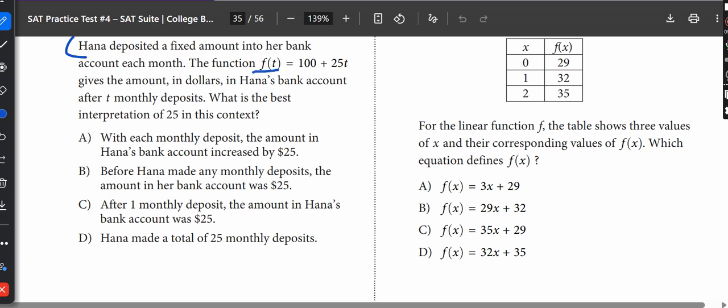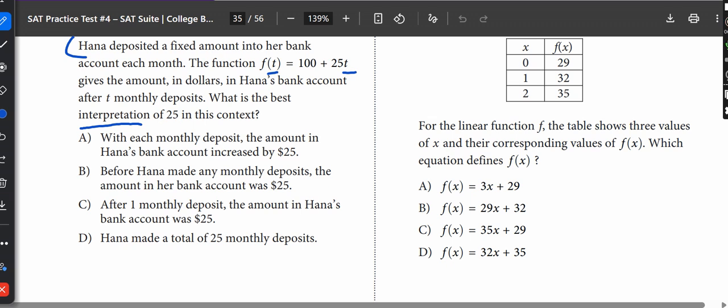The function f(t) is equal to 100 plus 25t gives the amount in dollars in Hannah's bank account after t monthly deposits. Like maybe she is giving $2 each month, or maybe $25 or $30 each month. What is the best interpretation of 25 in this context?